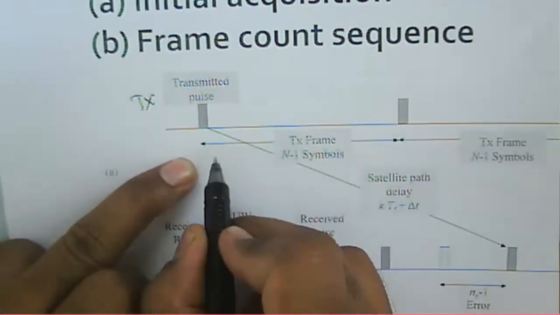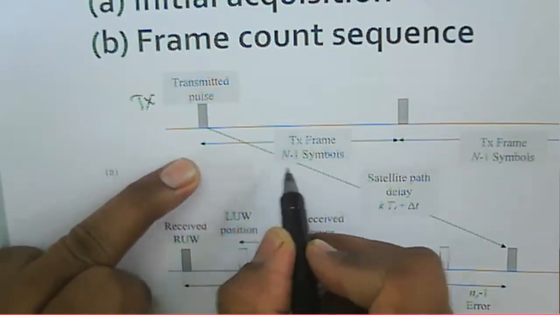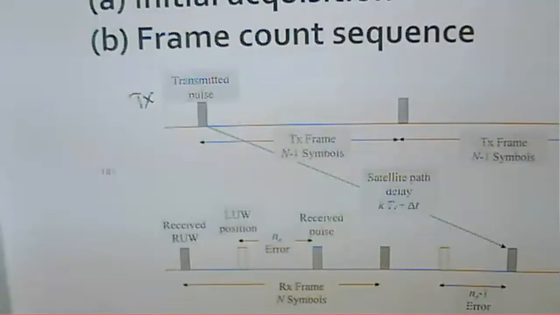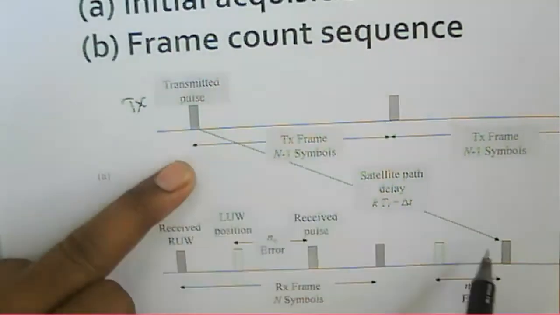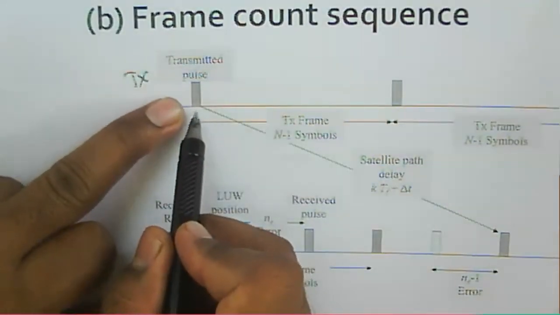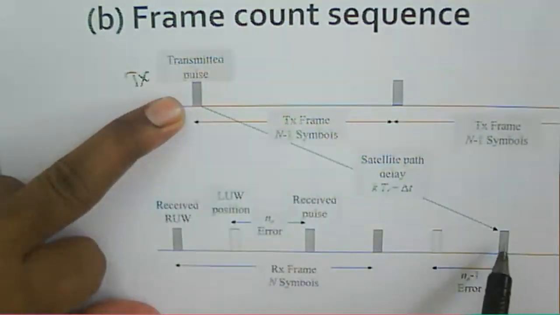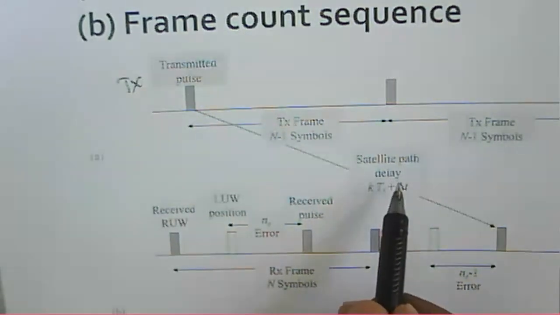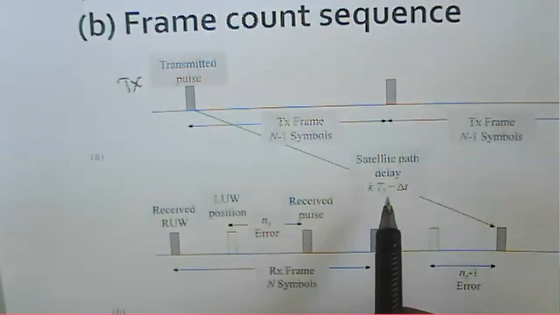Okay, and this is a transmitting frame, and these are transmitting pulses at different locations. And this is the delay, the satellite path delay. This is the transmitting station, the Earth station, and then that pulse is transmitted to the satellite. So that is nothing but the satellite path delay, that is the KTF plus delay.